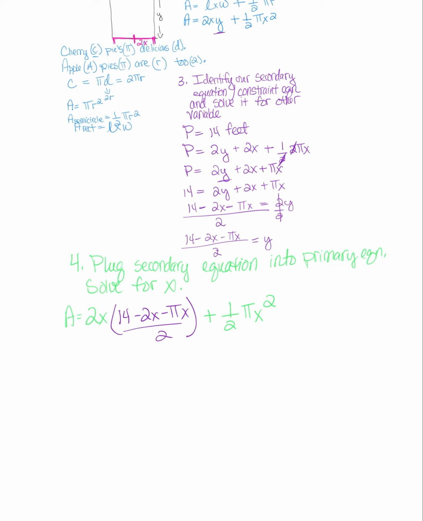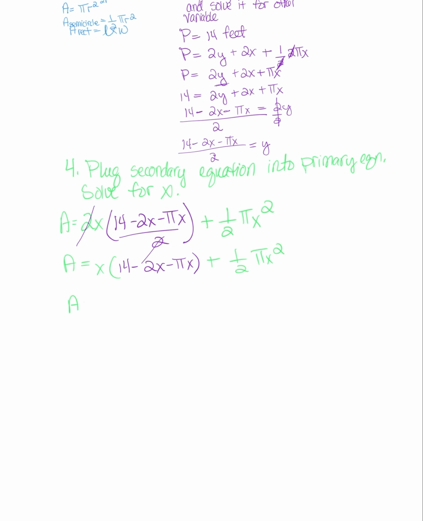Well, we see that these 2's will cancel, and then that'll give us A equals x times 14 minus 2x minus pi x plus 1/2 pi x squared.